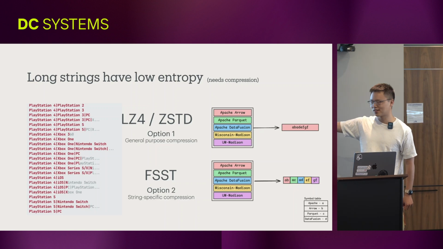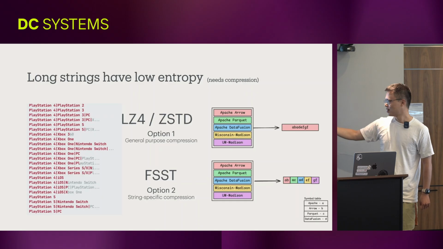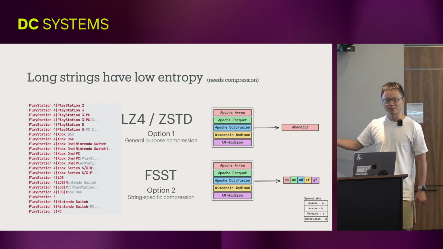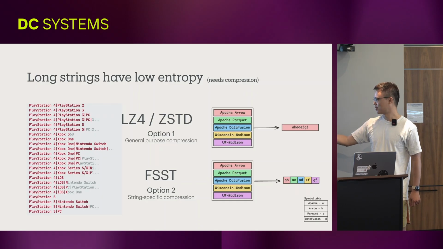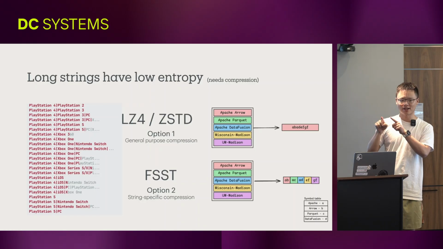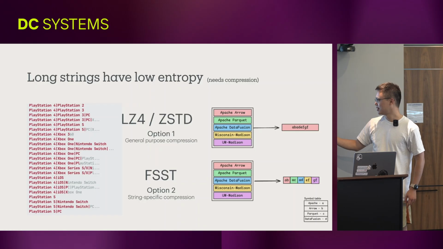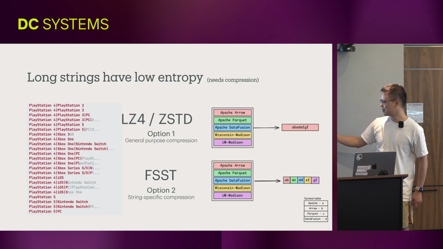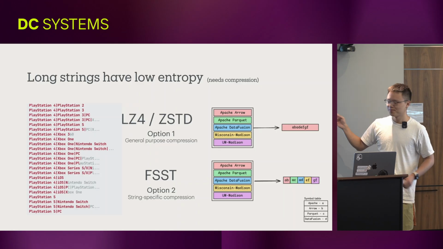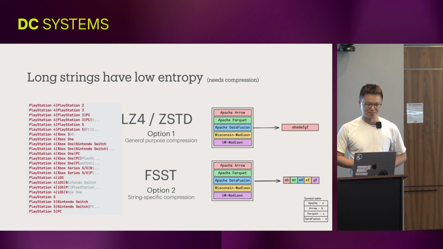But for FSST compression, string native compression, we maintain the semantics of the strings so that we know which byte slice corresponds to the original string location. So if we want to decompress only this element, we can look at the symbol table and only decompress that one. So that's how people use compression.